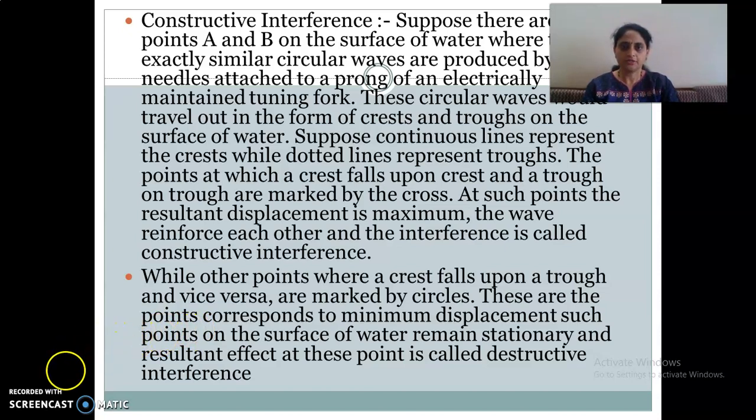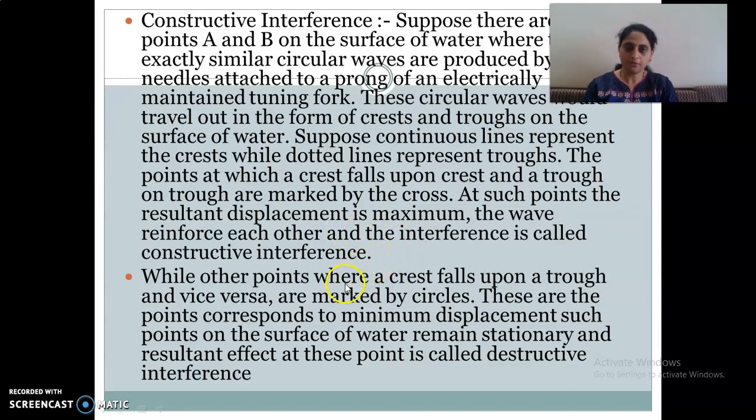Suppose continuous lines represent the crests while dotted lines represent troughs. The points at which crests fall on crests and troughs fall on troughs are marked by a cross. At such points, the resultant displacement is maximum.